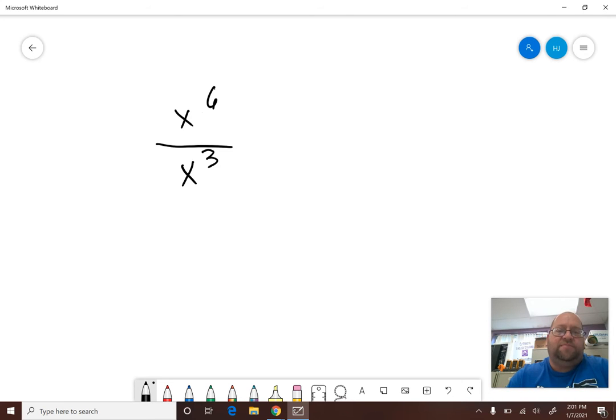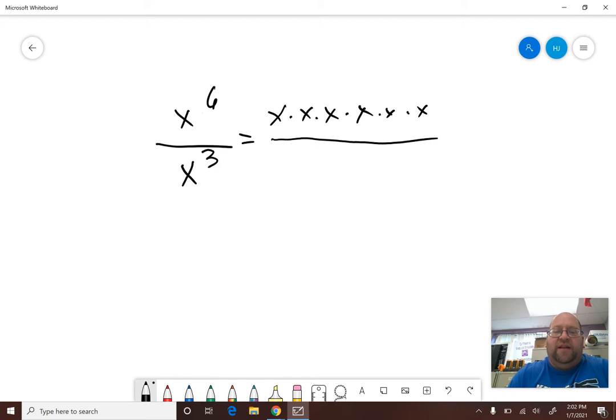Remember that this exponent simply says how many times you're going to repeat this base. So x really here is my base. I'm going to rewrite this to help you understand how this works. So I've got x to the 6th. That's really the same thing as x times x times x times x times x times x. There are 6 x's there.